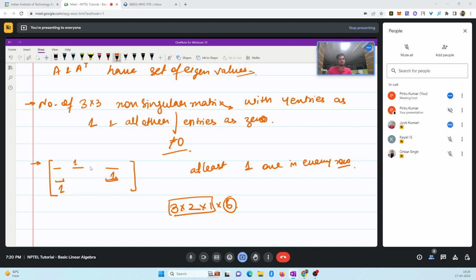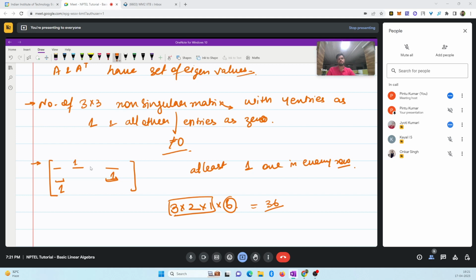So I think the answer should be that there are 36 such matrices. I'm not very sure. What is the answer? According to me, there should be 36. Sir, the answer of this question is at least 7.